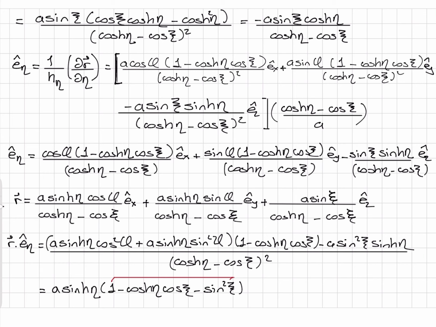So this can be written as, and obviously this is also divided by cosine hyperbolic eta minus cosine psi squared, and that will give us a minus a sine hyperbolic, it's not squared, in this term, so in r dot e eta hat, it's going to get squared, yes.